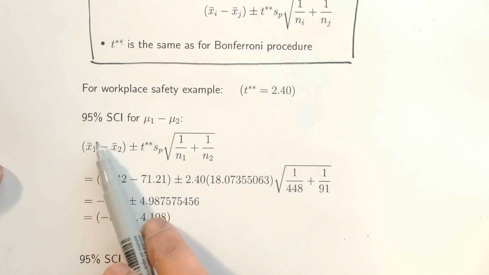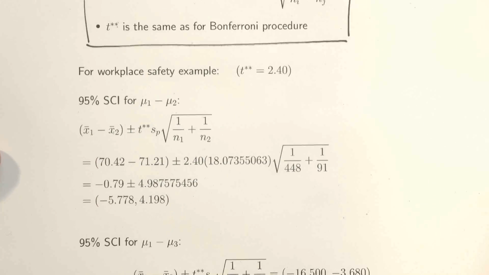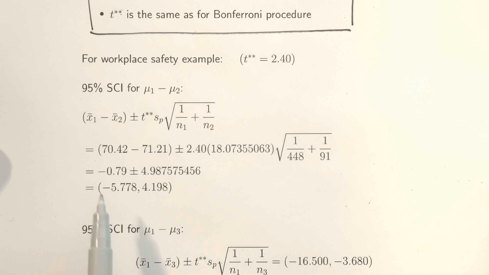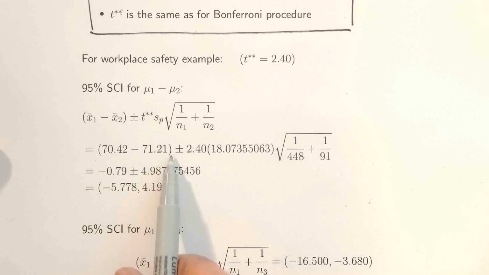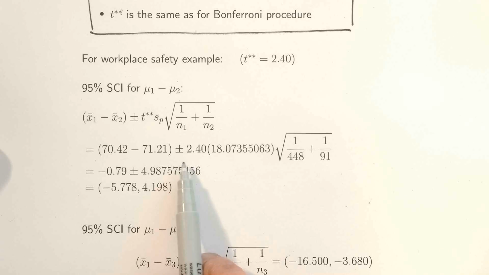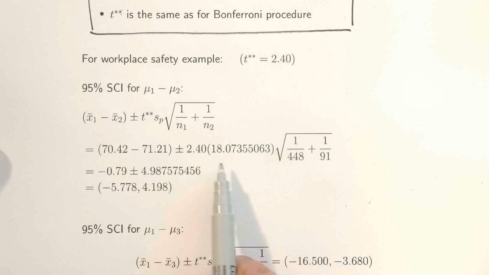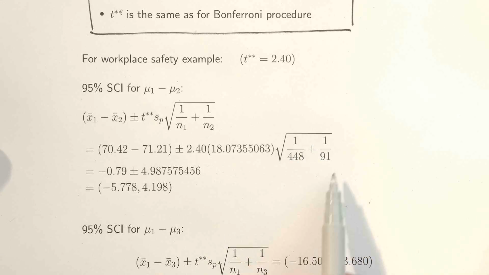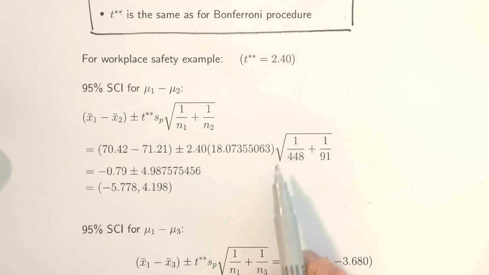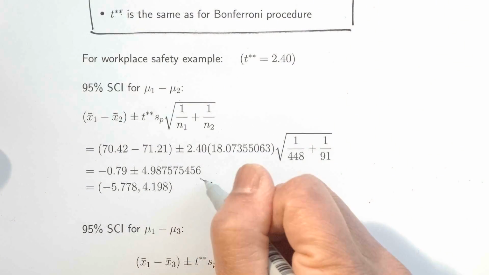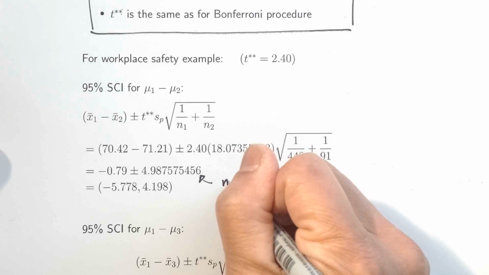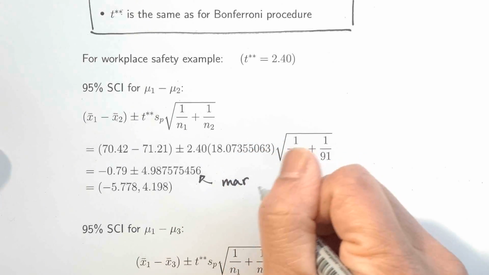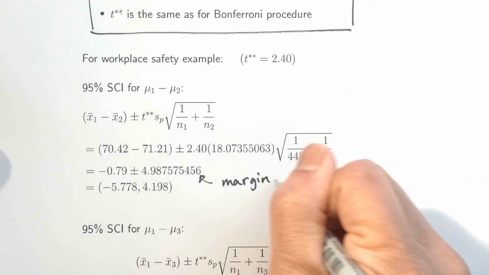So for a 95% confidence interval, we calculate the difference in the means, plus or minus that T**, that's our Sp, and this is the square root of the sum of 1 over the group sample sizes. So we come out with a margin of error of 4.9876.